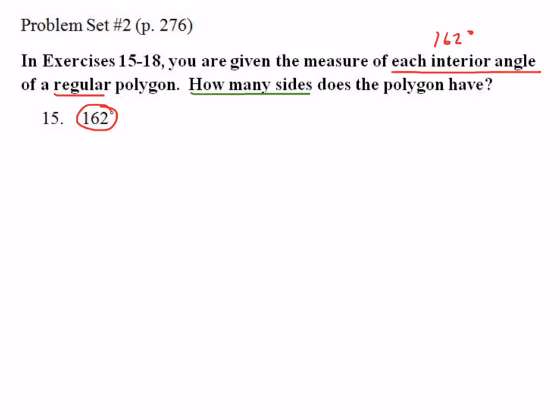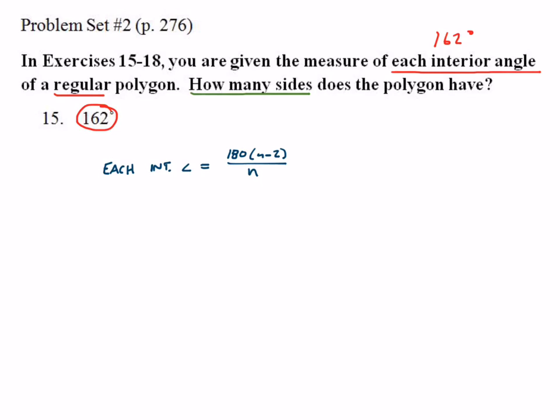So I want to look back at worksheet 3, and the formula that I want is going to be the one for each interior angle. And as we found before, that's simply equal to the sum of all the angles, 180 times n minus 2, all over the number of sides or number of angles that I'm dividing it between, so all over n.